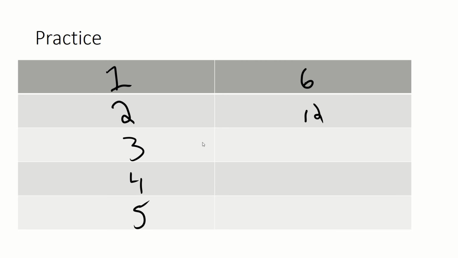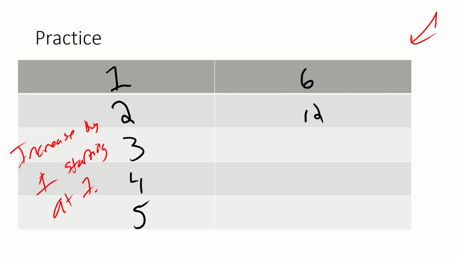So we're going to do a couple little examples here with just the input of 1. Here my pattern rule for the input is we increase by 1, starting at 1. That's pretty easy.